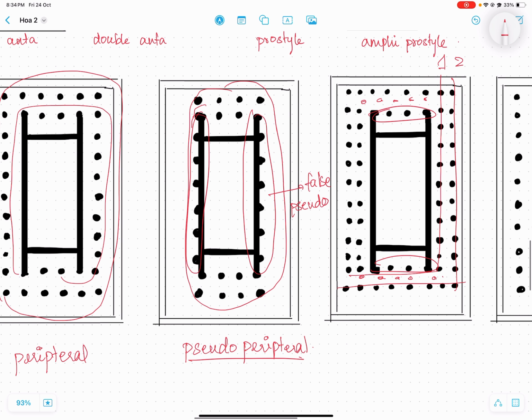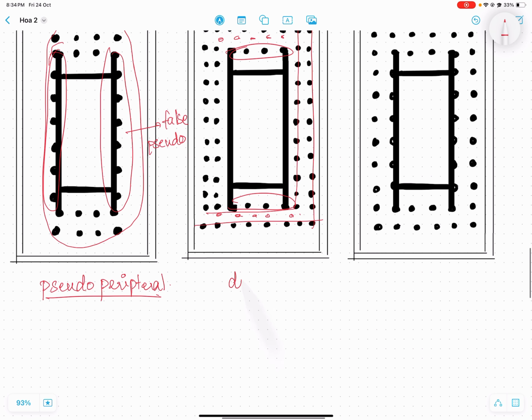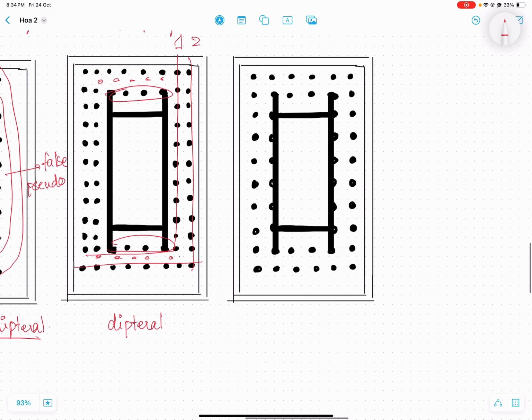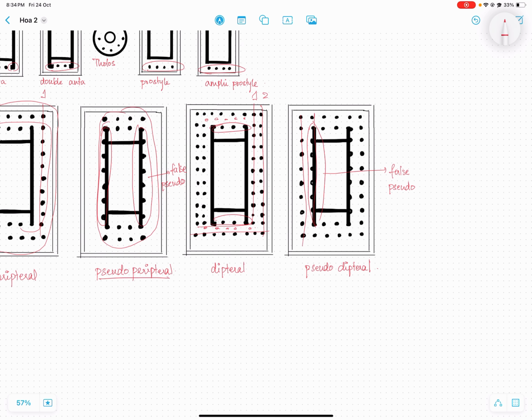Here you can see there's only one row. So this forms dipteral. Here you can see one row, two rows, but the second row is fused here, which is false or pseudo. So this becomes pseudo dipteral. I hope it's easier to understand.